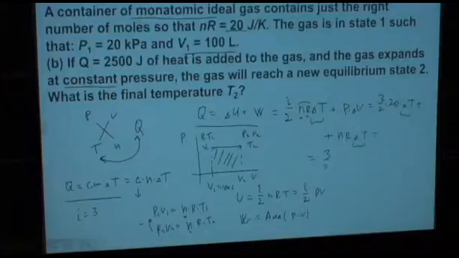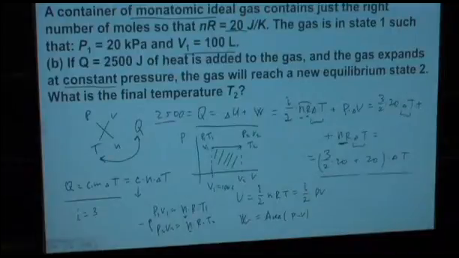So 3 divided by 2 times 20 plus another 20 times delta T. And the whole thing should be equal to this amount of heat.